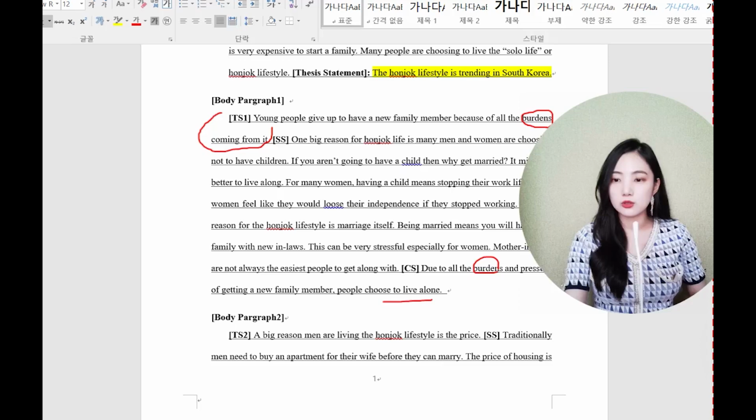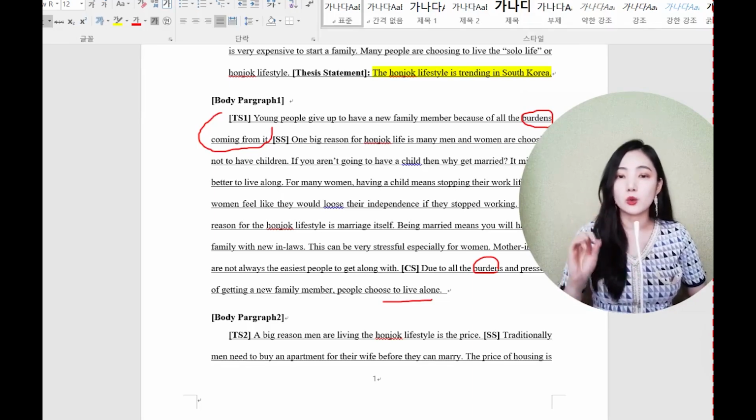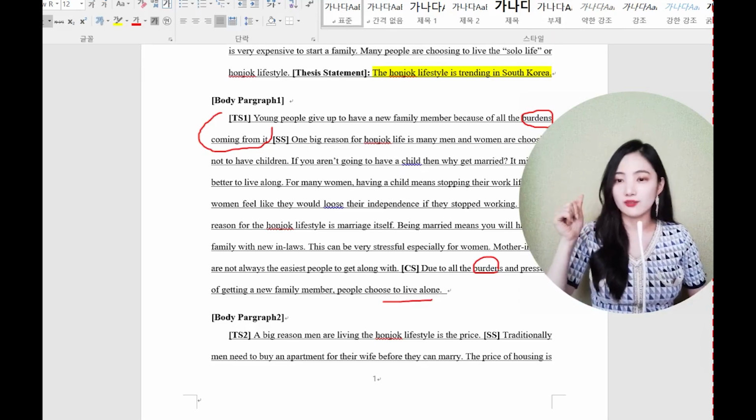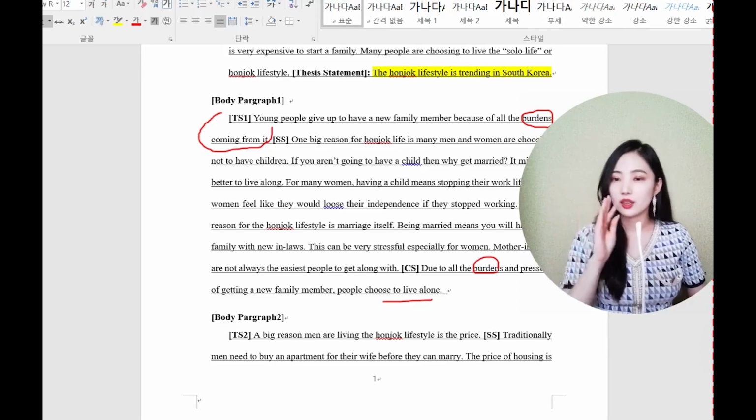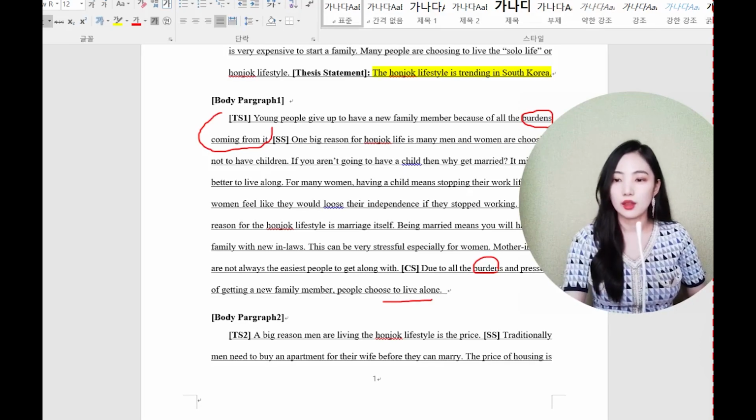Actually, if we have a close look, my TS and CS are the same sentences. The meaning itself is actually the same. But I use different words, which means restating. So my TS is okay. My CS is okay. It's a summary. It's repeating TS, but in different words. Now, so my first paragraph looks fine.